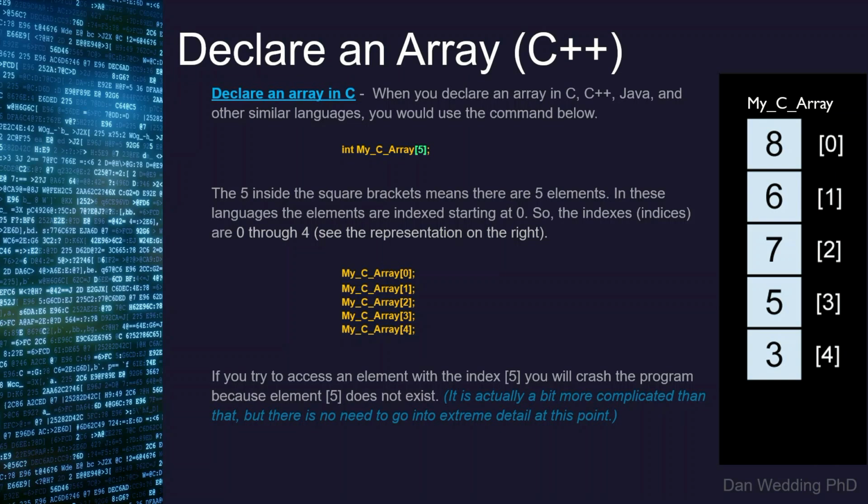The 5 inside the square brackets means there are 5 elements. In this language, the elements are indexed starting at 0. So, the indexes are 0 through 4. If you try to access an element with the index 5, you will crash the program because element 5 does not exist.